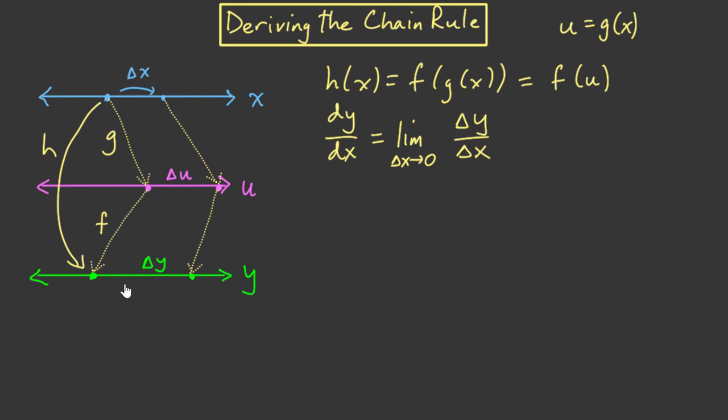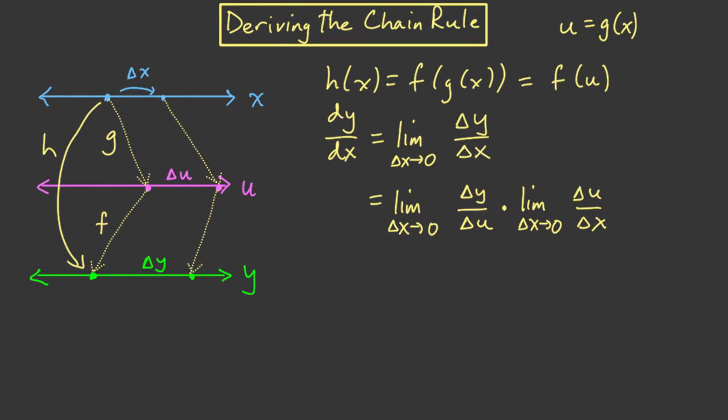That's the ratio of this change to this one, but we know that we can write that as the product of the intermediate ratios, just like we did in the last video. So in other words, delta y over delta u times delta u over delta x. And we need to take the limits of both of them as delta x goes to 0.